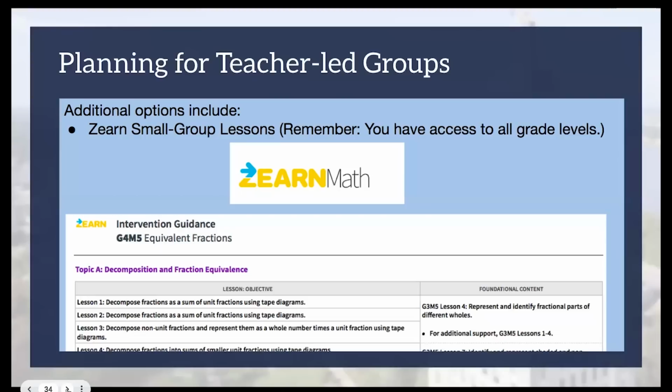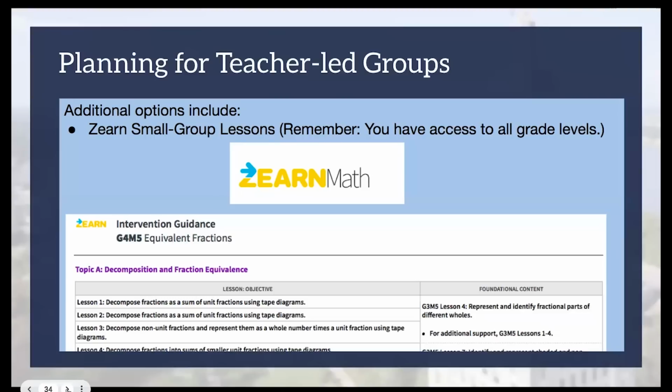But a lot of our students are using that small group teacher-led time to fill in some misunderstandings or misconceptions. And so this is where you would use that foundational guidance or intervention guidance that is accessible to us in Zern. So if you're looking here on the screen, you can see that I took a snippet from grade 4, mission 5, because we started out by looking at module 5 for grade 4.